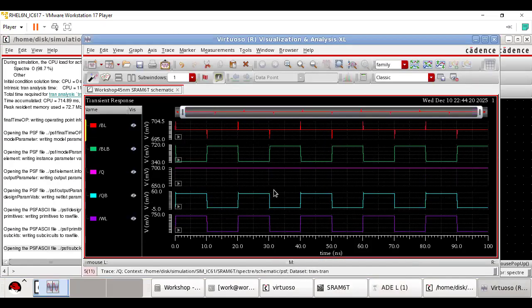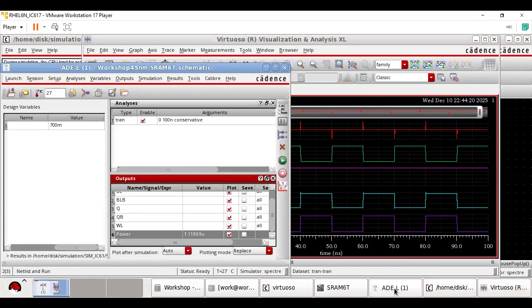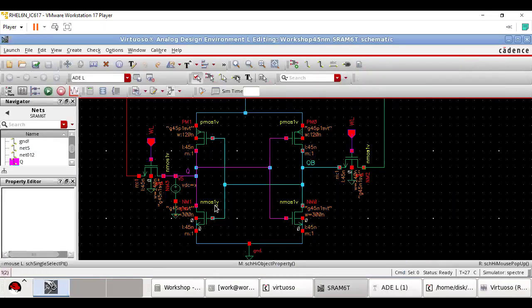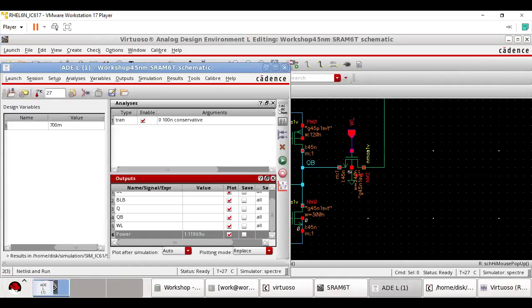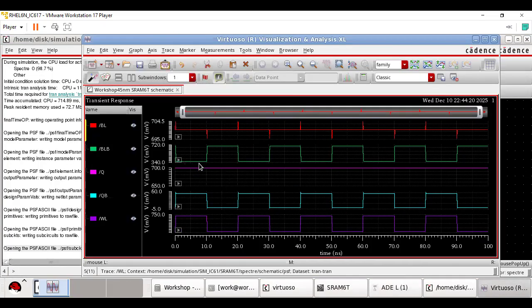You please see, when you give a pulse to WL, you see BL and BLB coming up and down. Whenever you have WL high, the BLB gets discharged. When WL is zero, BLB does not discharge. Again, BL gets high, WL gets high, BLB discharges, otherwise it does not discharge. This is how the read operation actually takes place.